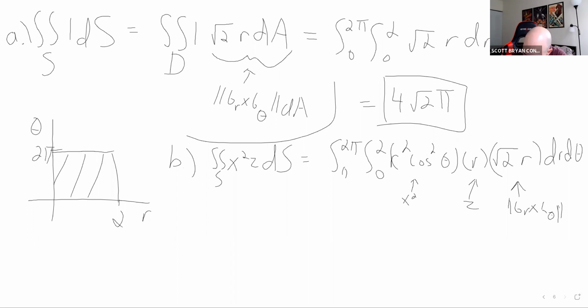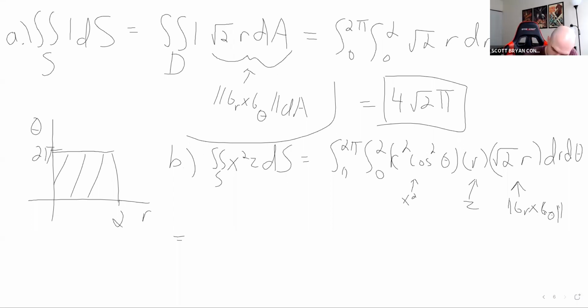Oh my goodness, why are you like this? There we go. And so putting it all together, we get square root 2 r to the 4 cos squared theta. That's another relatively straightforward integral if you remember the cos squared substitution.